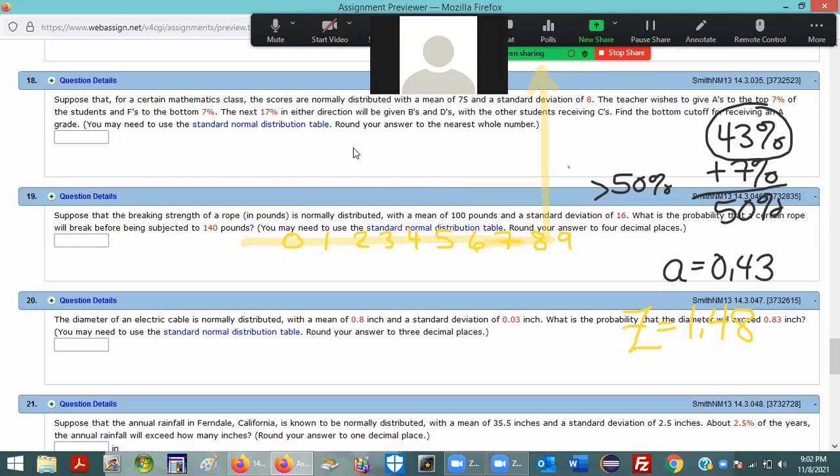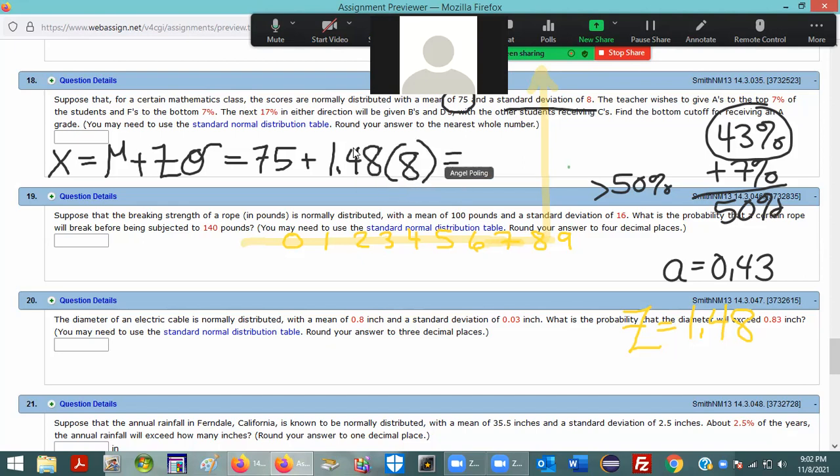We're getting there, right? We have x equals mu plus z times sigma. Mu is 75. The z-score we found was 1.48, and the standard deviation is 8.